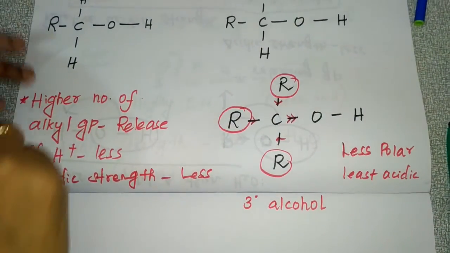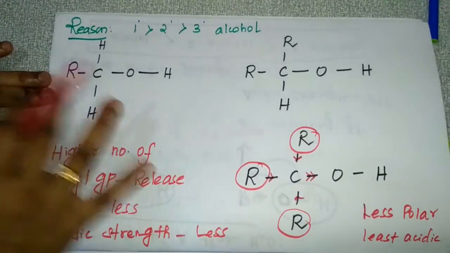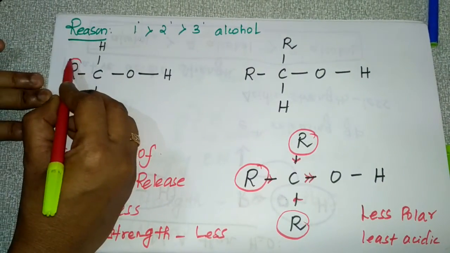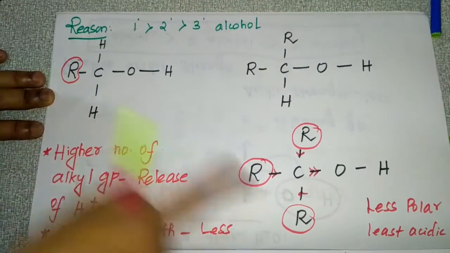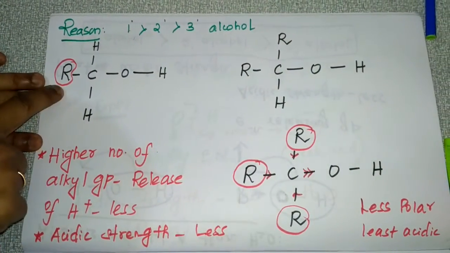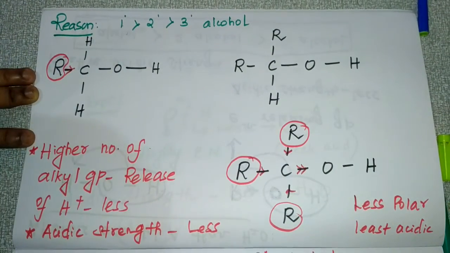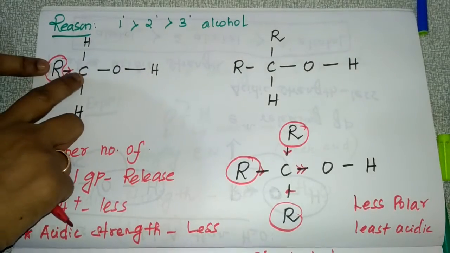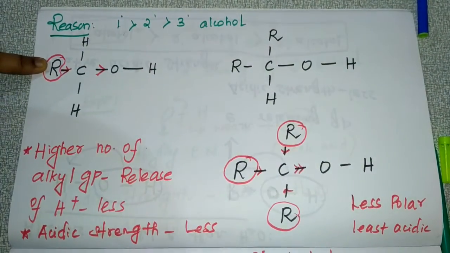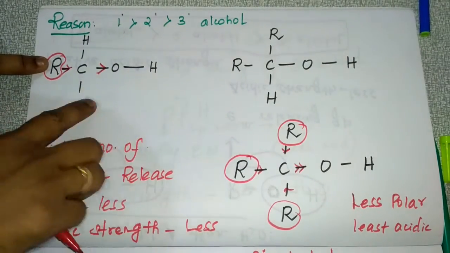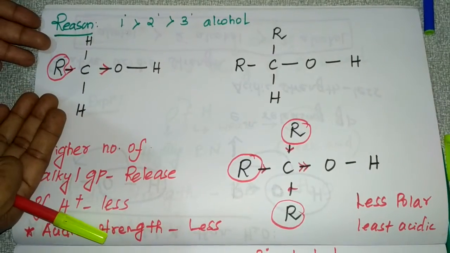Okay. And coming to the primary alcohol, here only one alkyl group is there. Comparing to tertiary, this will release fewer electrons to this carbon, and this carbon will release that much only to this oxygen. So if you compare primary and tertiary, everything will be less here.